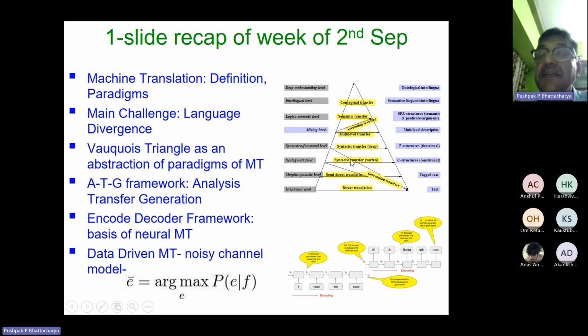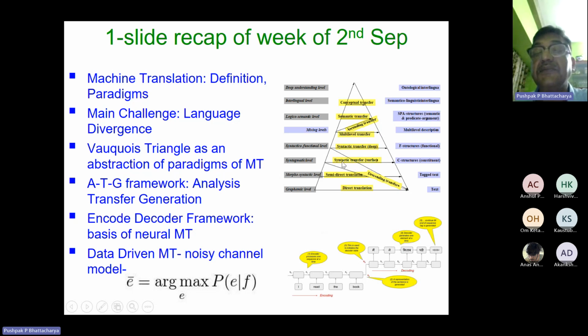So the transfer means you transform the result of analysis on the source side to go to the target side. Now, in this case, if the target language sentence is directly produced, then there is no transfer stage.